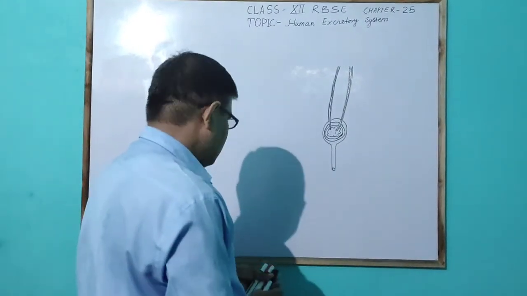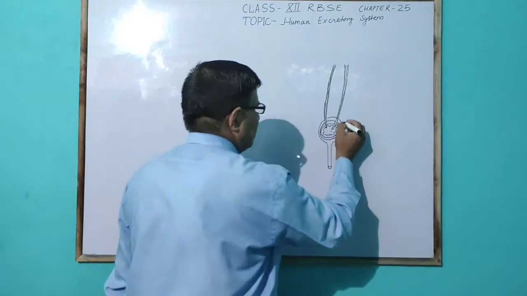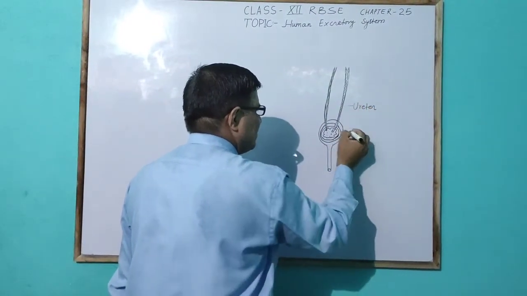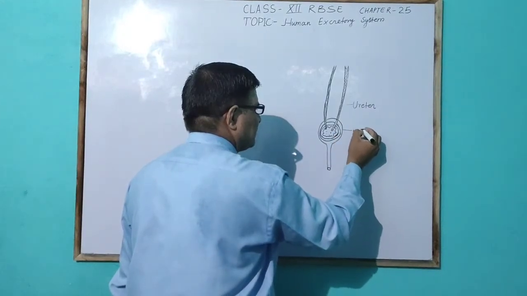The structure which is present below the ureter is called the urinary bladder.